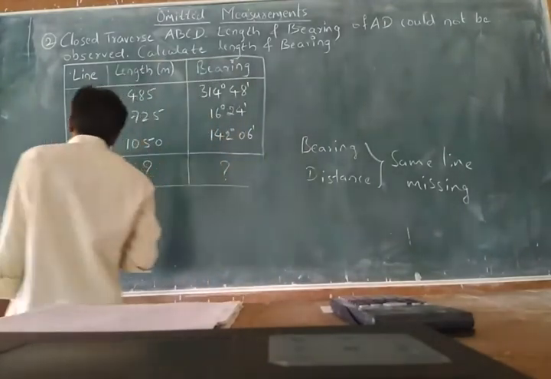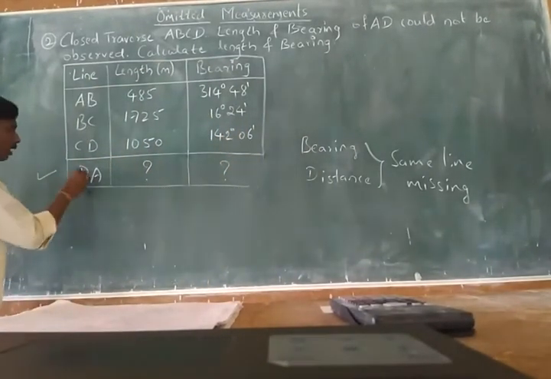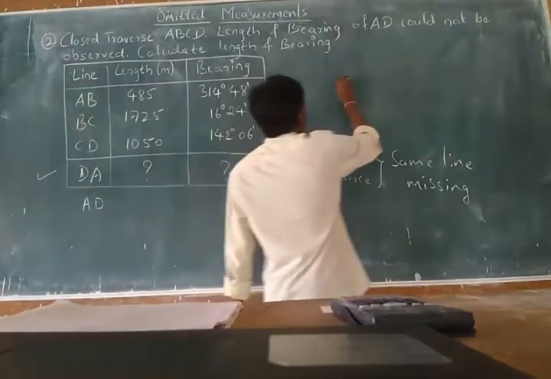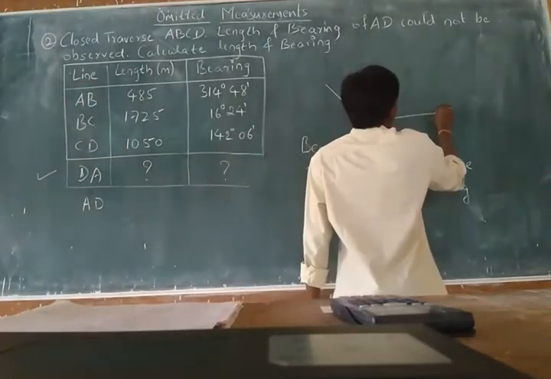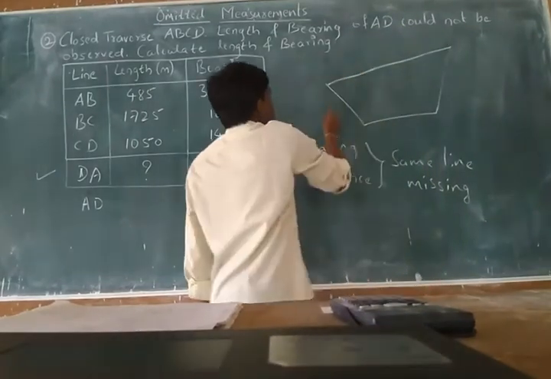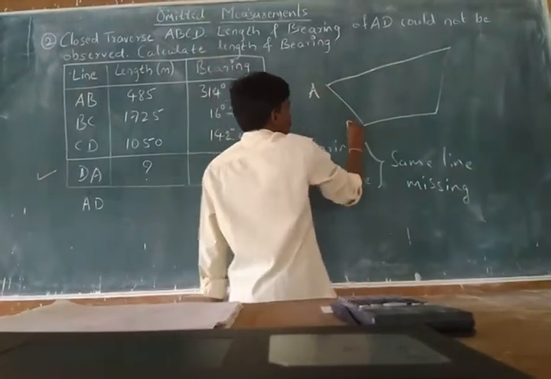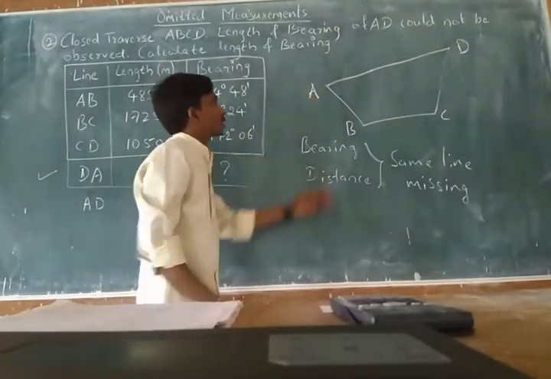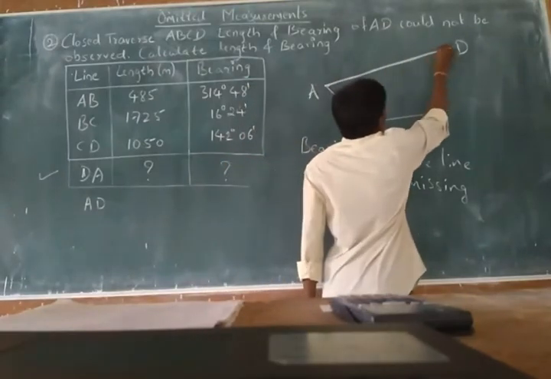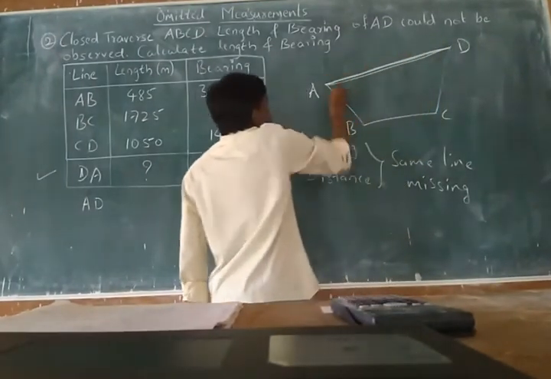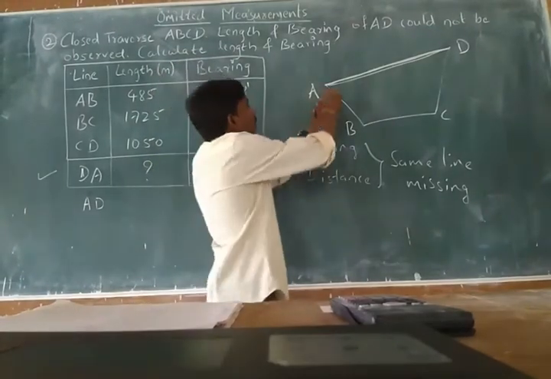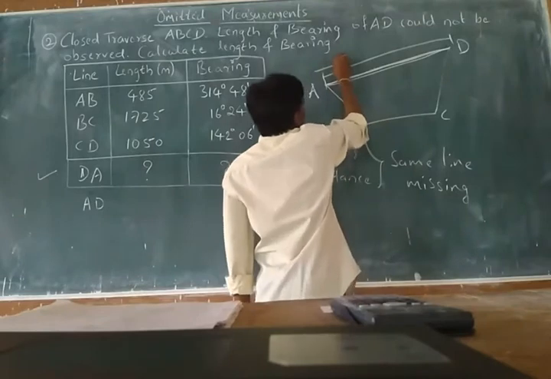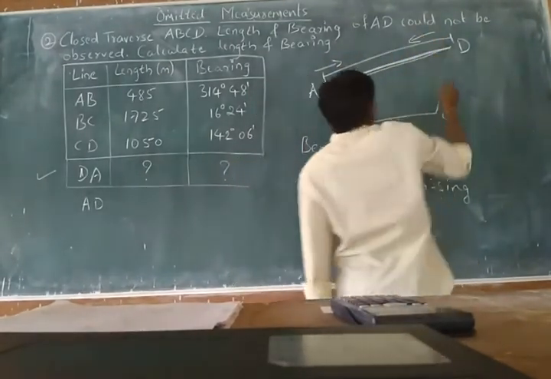DA is nothing but AD, because in a traverse A, B, C and D, the length of AD is always equal to the length of DA. The length will be the same whether you measure from this side or from this side.